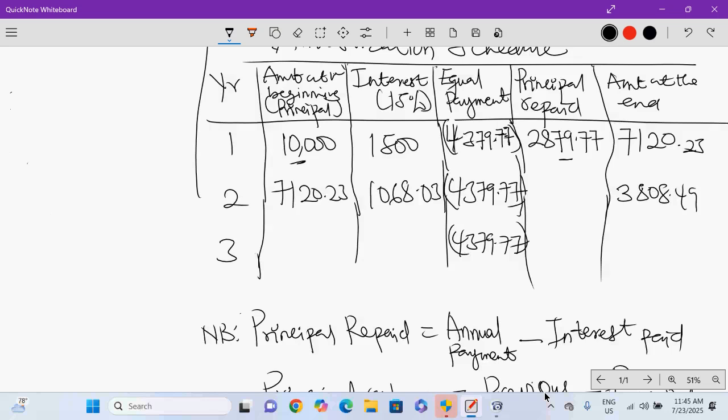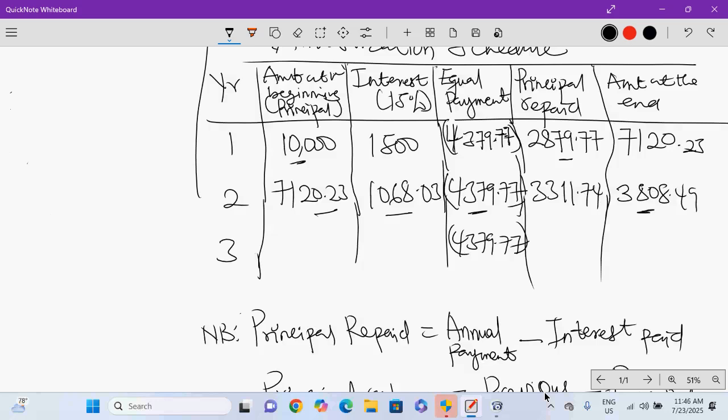What do you have? 3,311.74. That is the principal repeat. But the amount at the end is this plus this minus this.